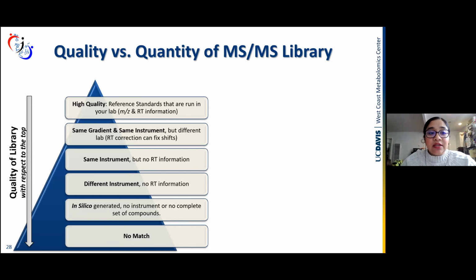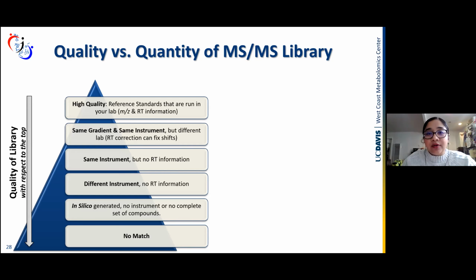So you can see as we move down this pyramid, we're losing more metadata and more lines of confidence in terms of that annotation or that identification that we're trying to make at the end of the day. And then you have in silico generated spectra. This means that there's no instrument or no complete set of compounds.